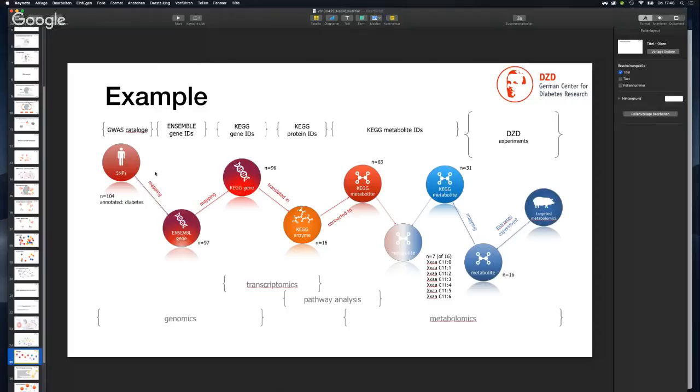When we start on the left side, we have a human patient that has some genetic variations, called SNPs. In the public databases, they have roughly 100 of these so-called SNPs that can cause diabetes. These are positions in the genome that have to be mapped through different databases.